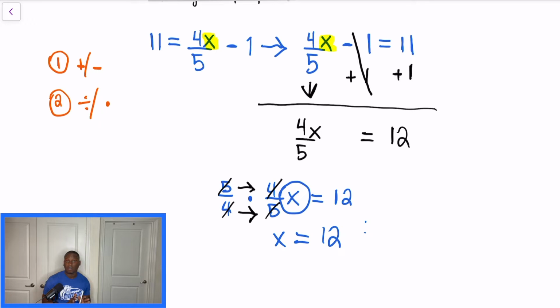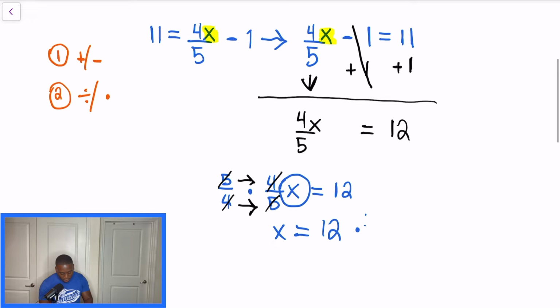Before we think that's the final answer, what we do on one side of the equation, we have to go to the other side of the equal sign and do the same thing. So I'm going to put our multiplication sign here and put 5 over 4. Just so we won't get confused, I'm going to put 12 over 1 and make it a fraction as well. 12 over 1 is the same thing as 12.